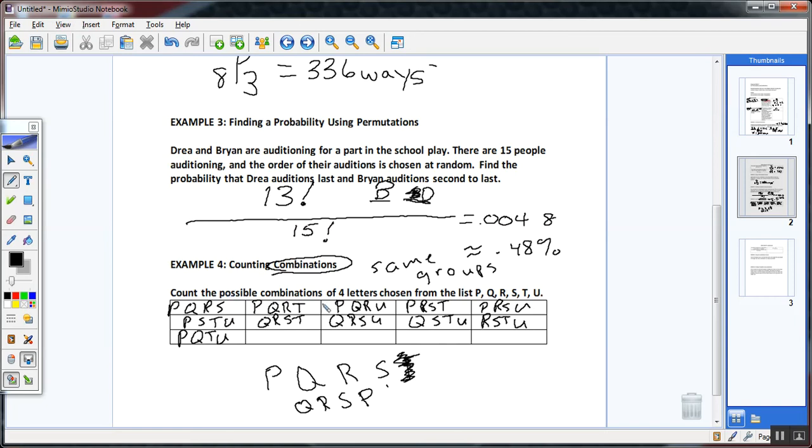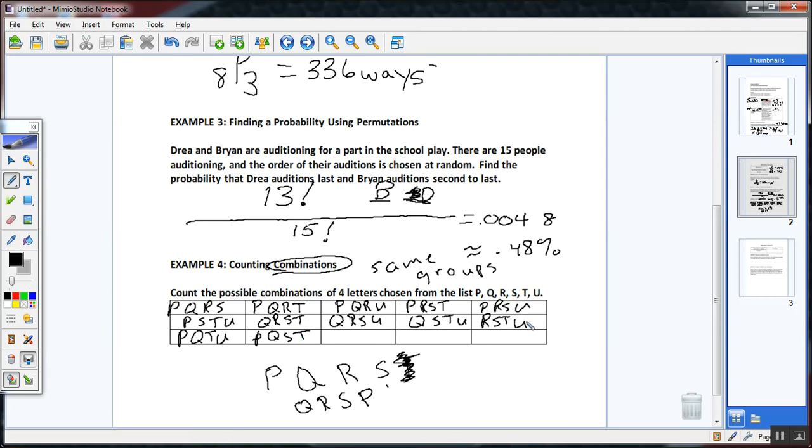Do I have P, Q, S, T? I don't see P, Q, S, T, do you? No. Do I have R, S, T, U up there?